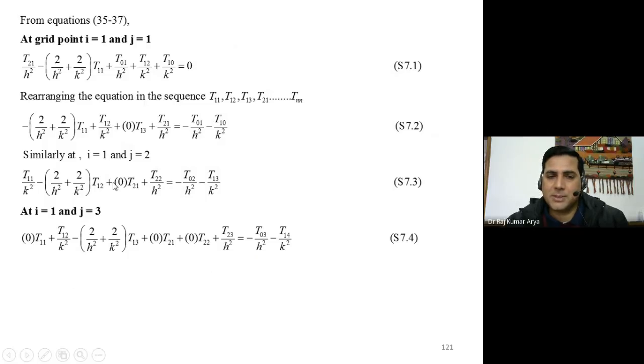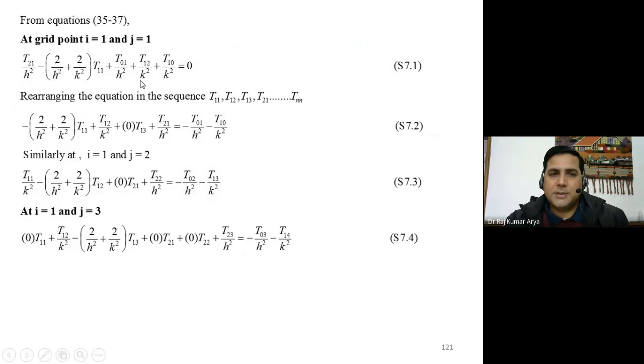This will move to this side because T13 is unknown. Okay. Now after that, you just change J equal to 3. So J equal to 3, this would be your equation now. Whatever is not present, just put 0. Okay.